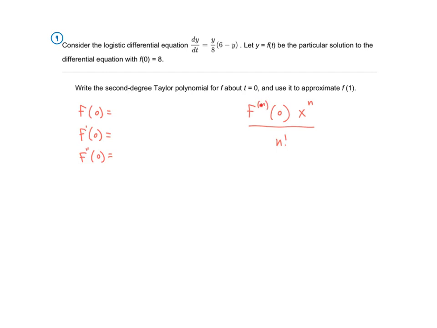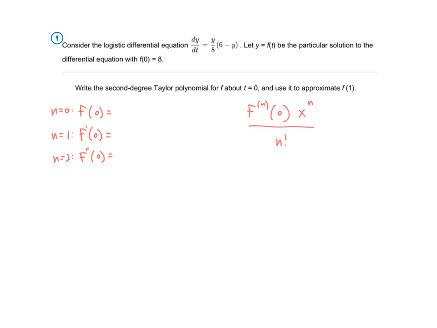When n is 2, that's the second derivative. These are just plugging in the different n values, and we'll keep in mind this is n equals 0, n equals 1, n equals 2. And we'll definitely stop there. When n equals 2, this is x squared, and we want a second degree Taylor polynomial, so we'll stop when that exponent becomes squared.